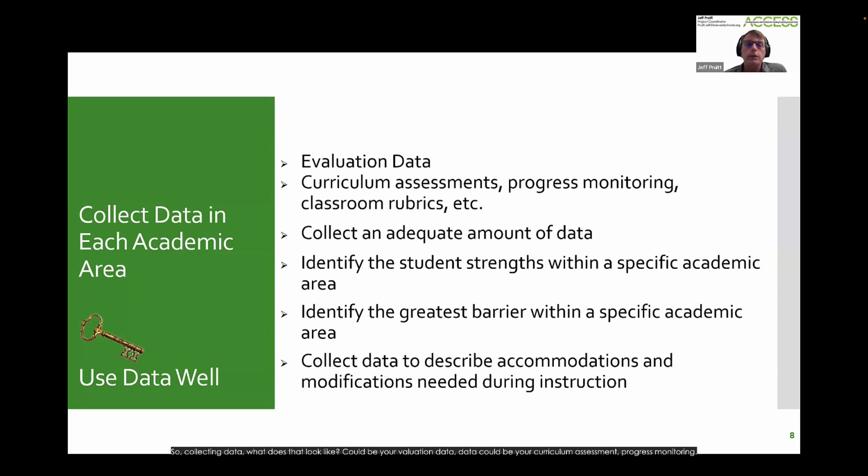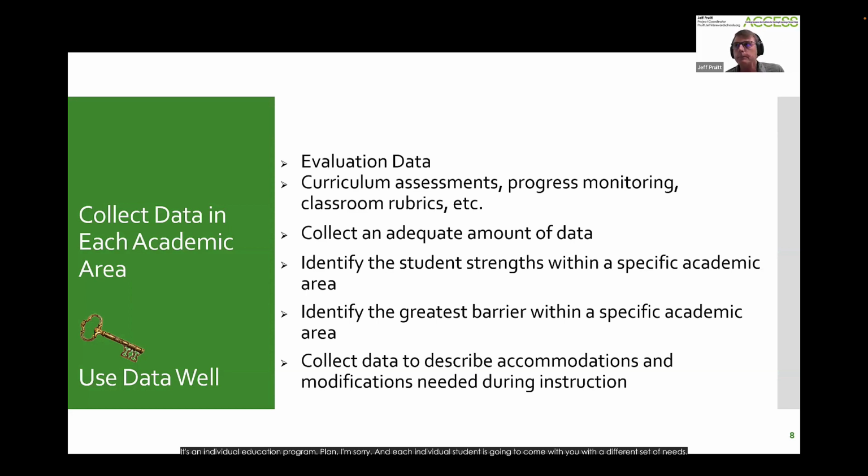It could be your evaluation data, your curriculum assessment, progress monitoring, making sure that you collect an adequate amount of data. When we're looking at an IEP review from year to year, people often ask what is a good amount of data. That's a hard question to answer, and I hate to give any blanket statement for an IEP because it is an individual education program plan.